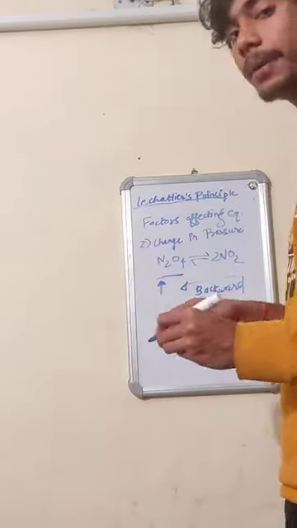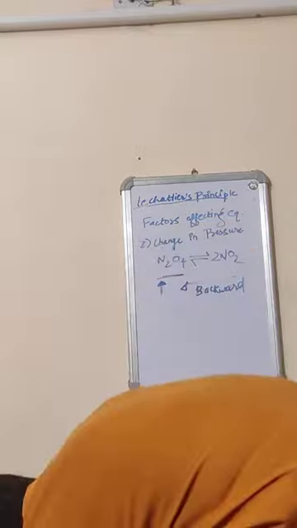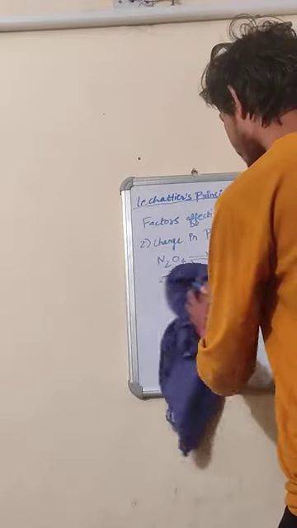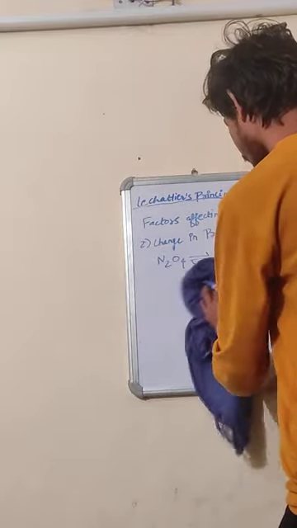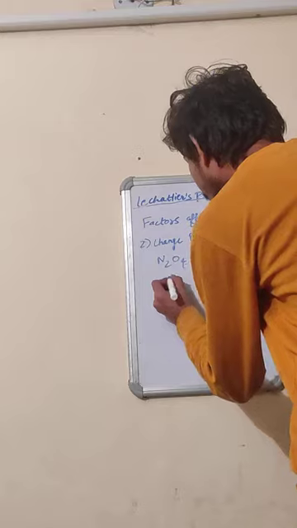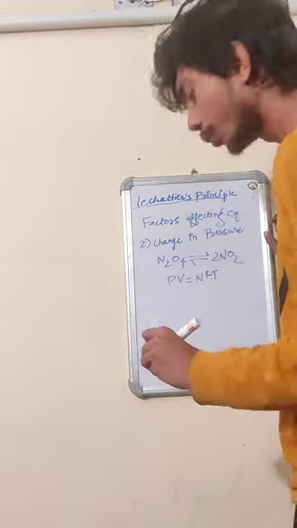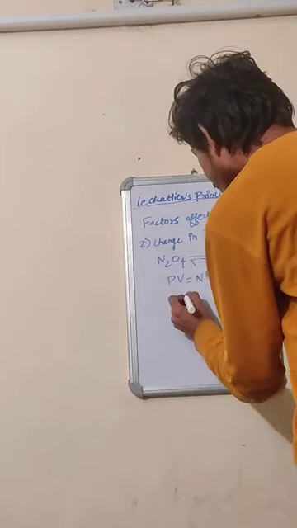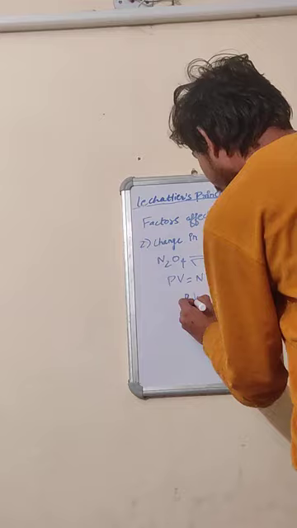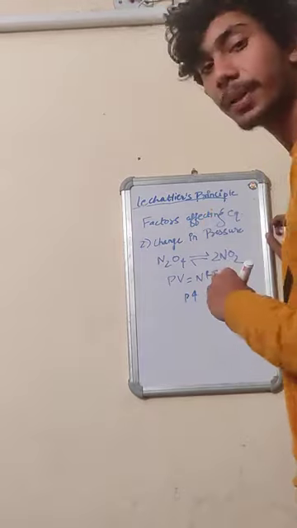Okay, and the same goes with a decrease in pressure. So let's discuss why. As you know, PV is equal to nRT. So at constant temperature, when pressure increases, volume decreases.